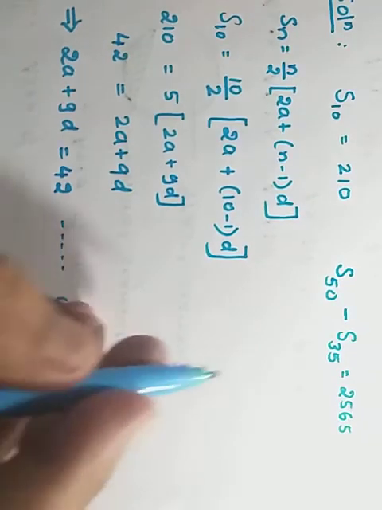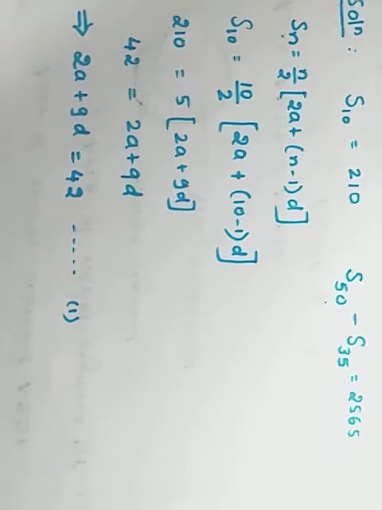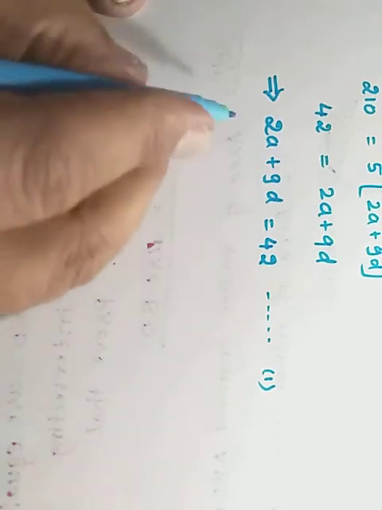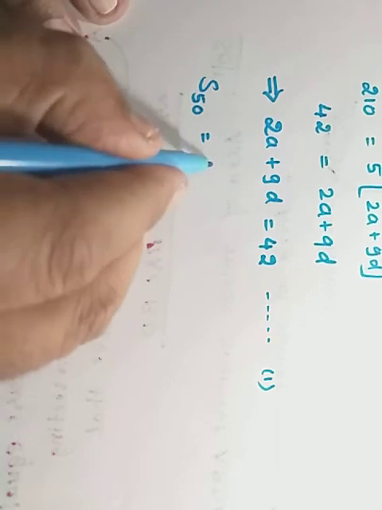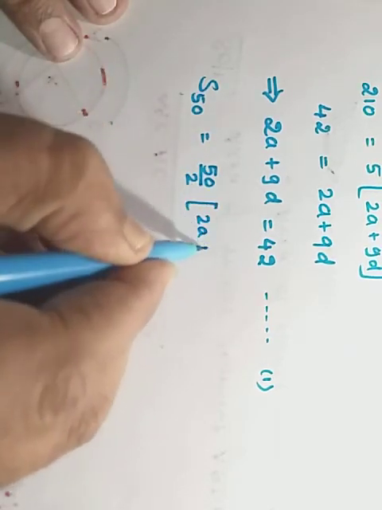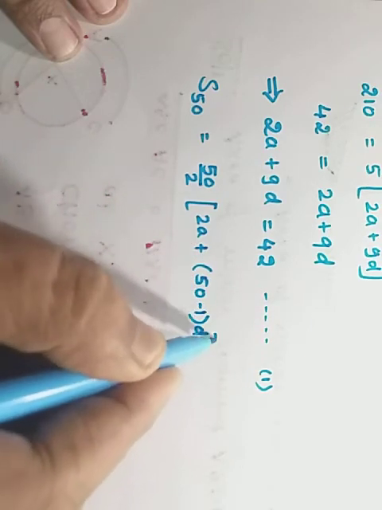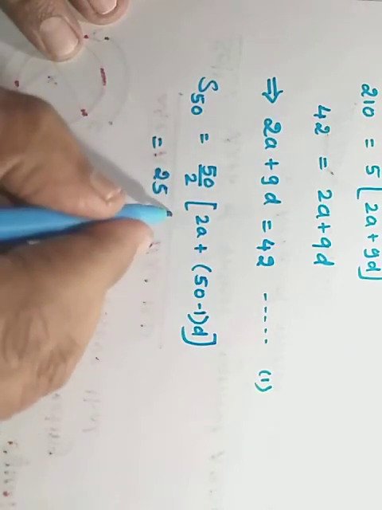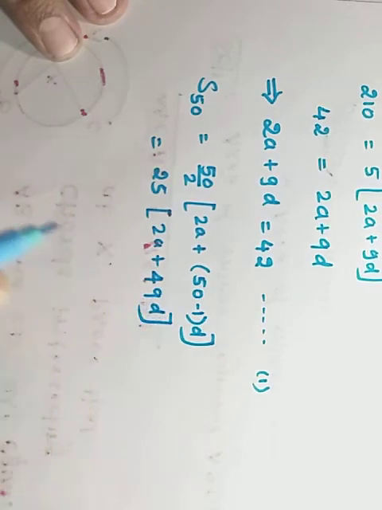Now we shall take S50 minus S35. We will calculate S50. S50 is equal to 50 divided by 2 into 2a plus 50 minus 1 into d, that is equal to 25 into 2a plus 49d.